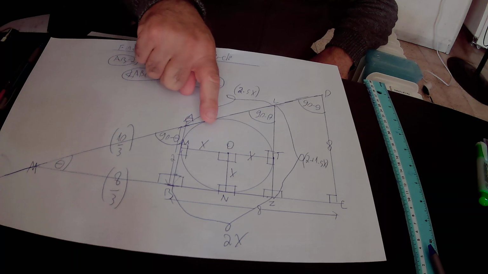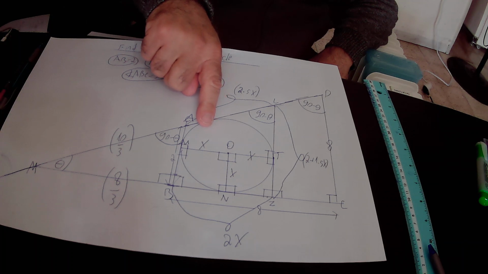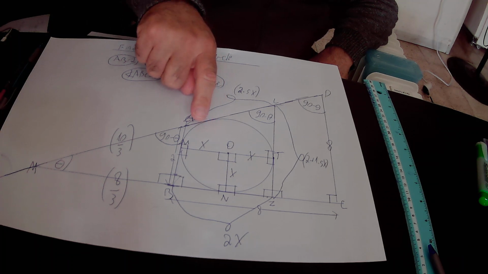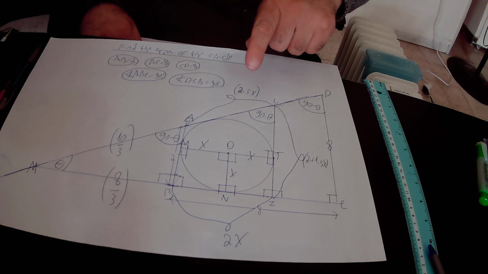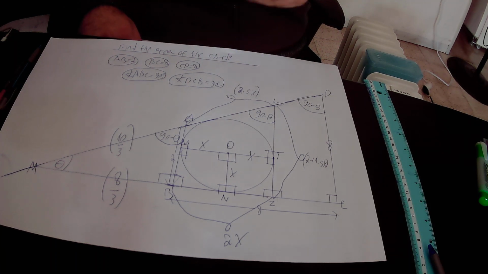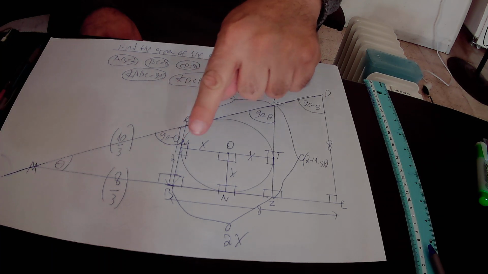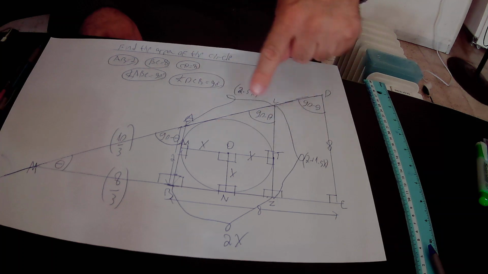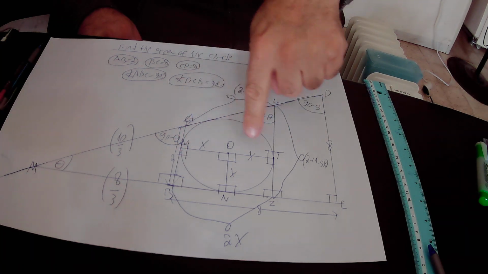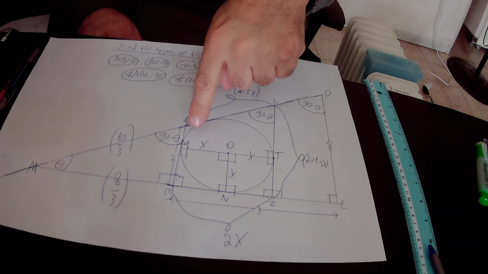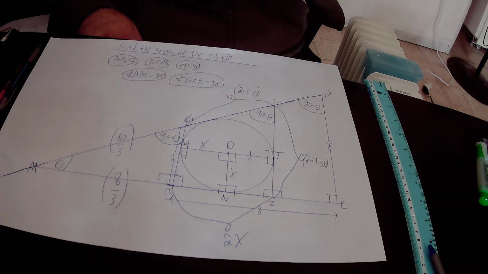Point O is the center and M is a point on the circle, therefore OM is the radius of the circle that we defined as X. Whenever a radius is drawn to the point of tangency, the tangent AB will be perpendicular to the radius MO. So this angle equals 90 degrees, and this angle equals 90 degrees. This is according to rule number 1.